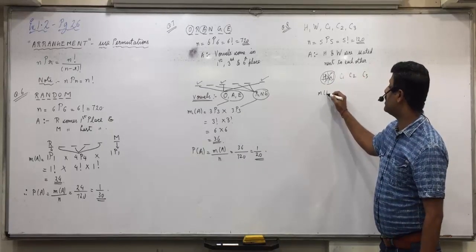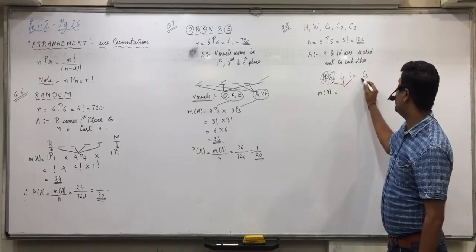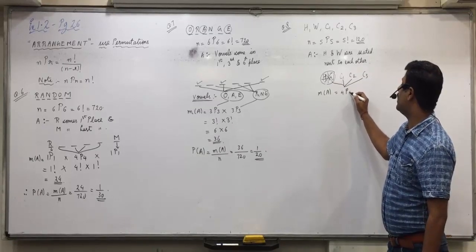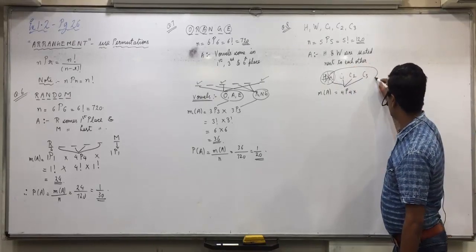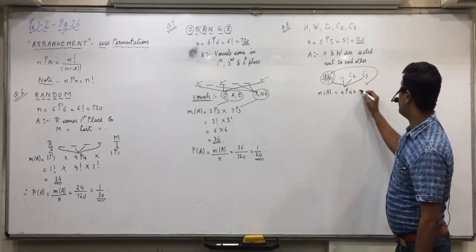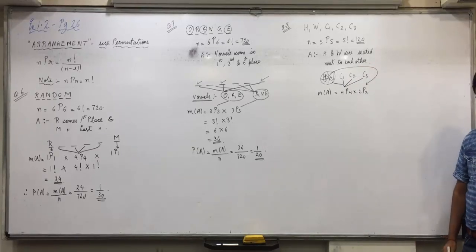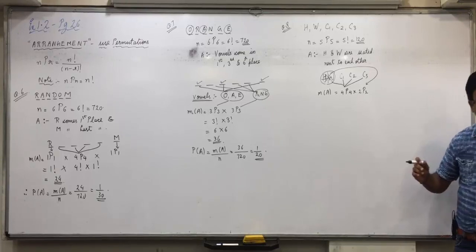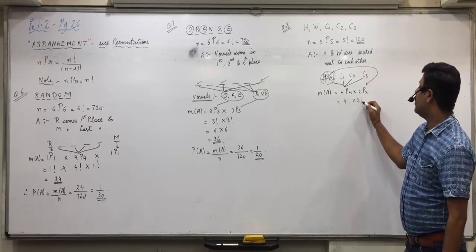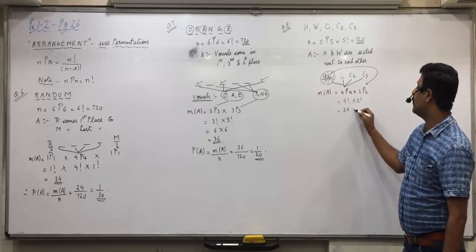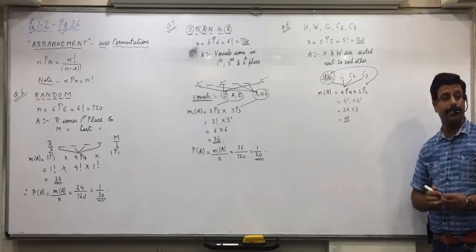So if you tie them with a string, then for m(A), we have to arrange these 4. 4 people can be arranged in 4P4 ways. Inside this string, husband and wife can again be arranged in 2P2 ways, 2 ways: husband-wife, wife-husband. So 4 factorial into 2 factorial, 24 into 2, 48 outcomes are possible.